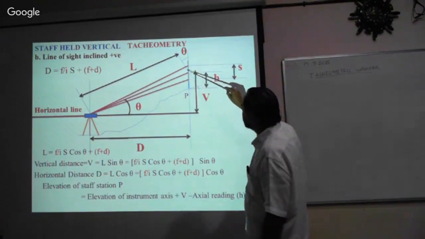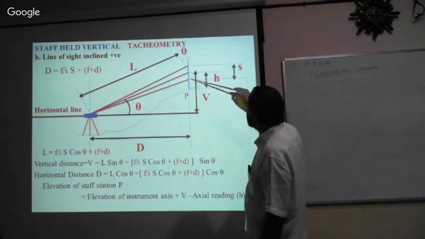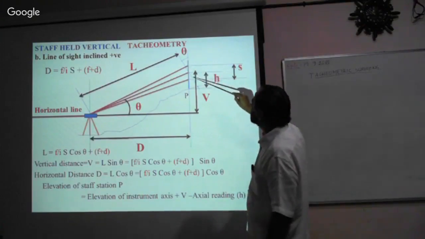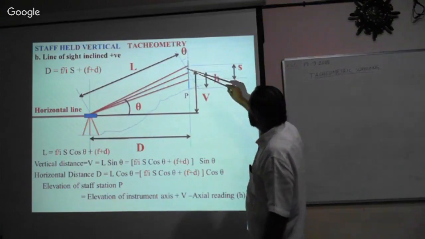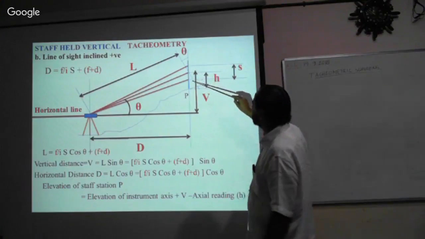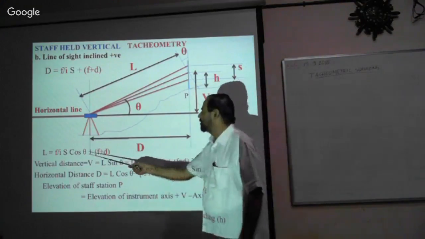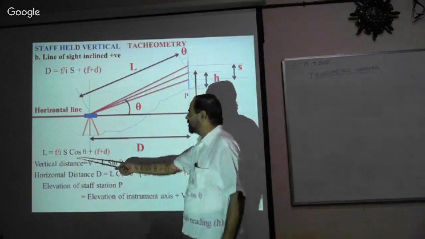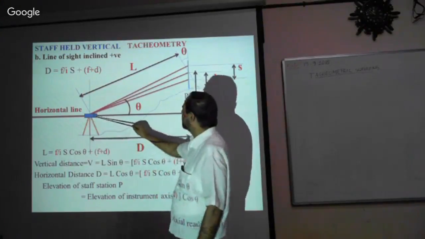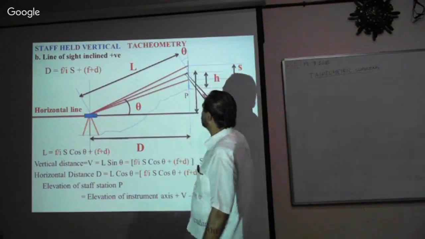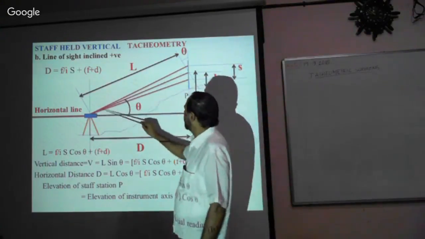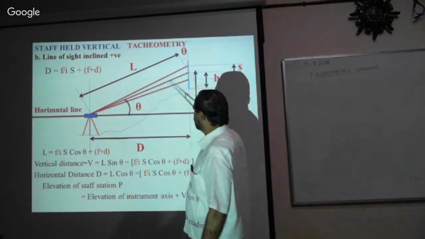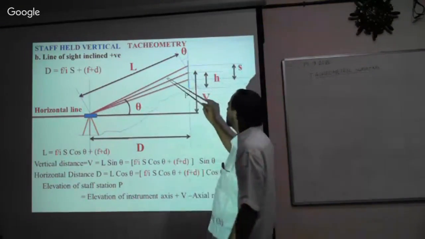We are handling the triangle. If you handle this triangle, then we can calculate this distance. This is known, and theta is known. Therefore we can calculate this, so this becomes S cos theta. Therefore, from F by I, L is the inclined length of the line of sight, the axis of the instrument.